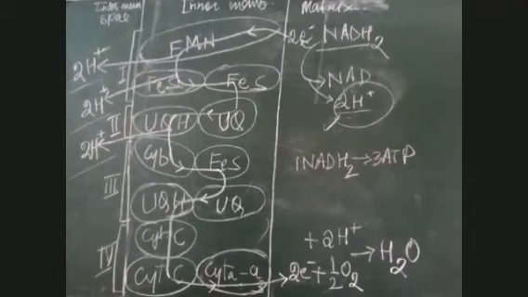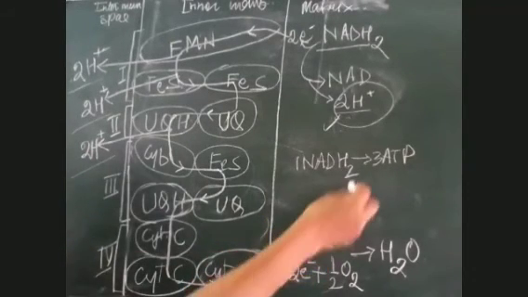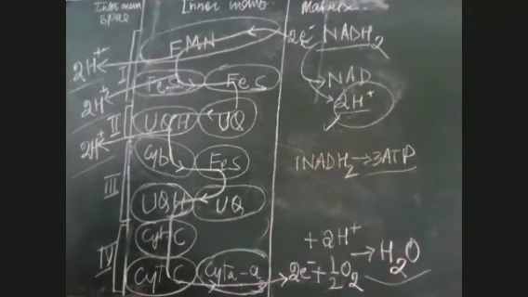3 protons are given. That means this energy, which is stored in the form of NADH2, when it gets broken down, will give you 3 ATPs. 3 ATPs are formed as a result of breakdown of one molecule of NADH2, along with the formation of water.